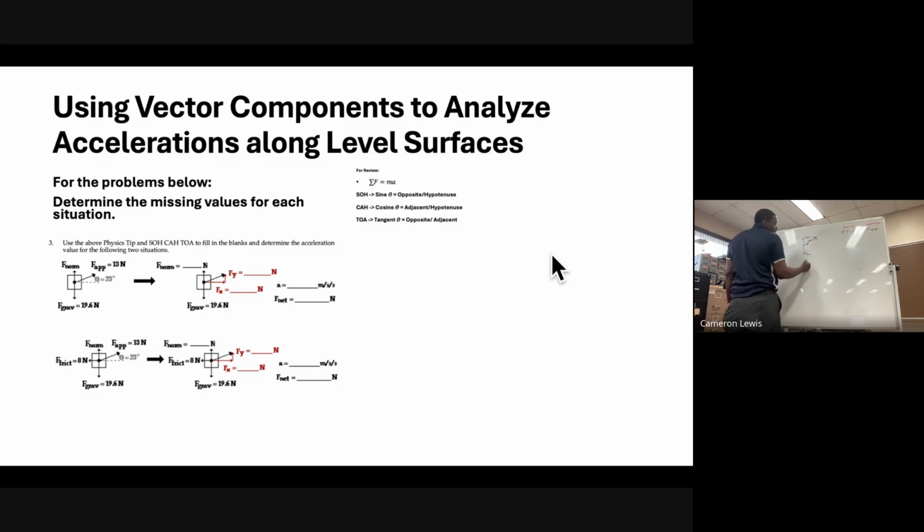F grav is equal to 19.6, same thing. And then norm is equal to 19.6. No normal force? Oh, we don't know what it is. I would have to find it. Okay.